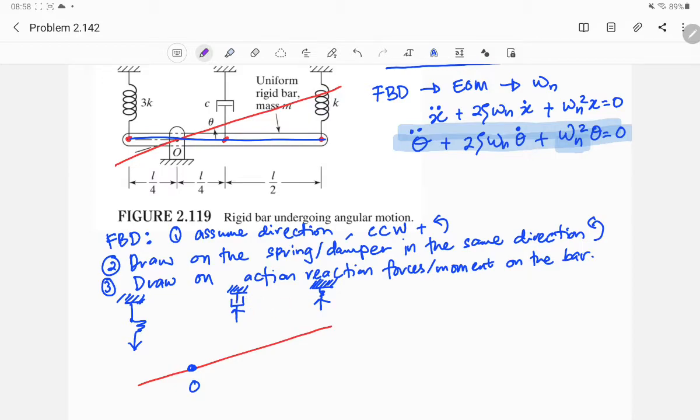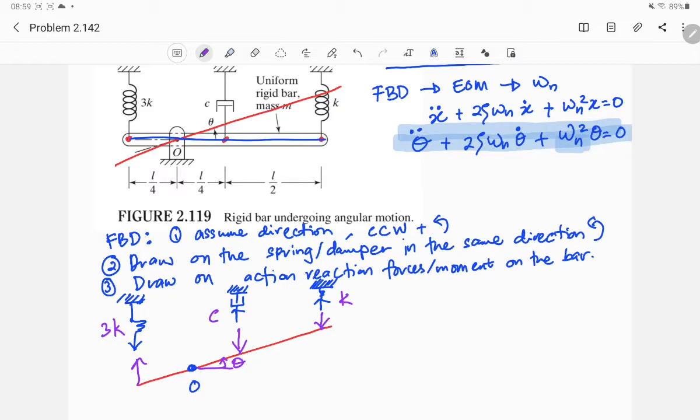So C and K will go up, but 3K would go down. That's what happens as you pull it counterclockwise. And then only you draw the third part, the action reaction.